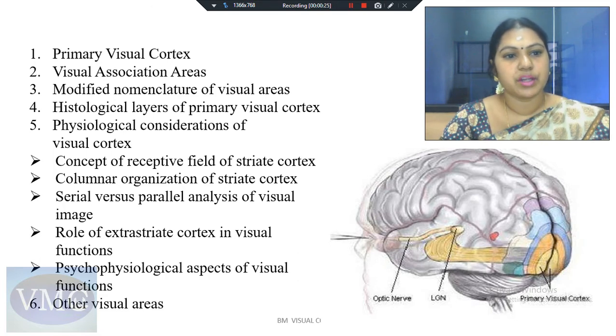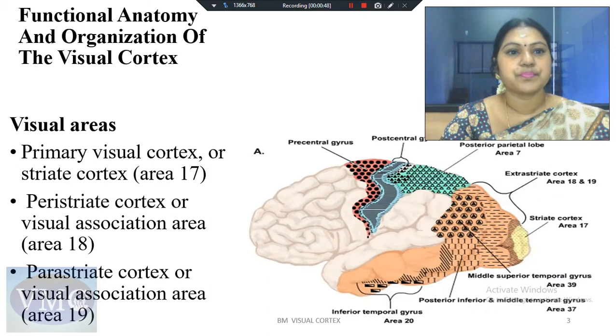Underneath, we will look into the concept of receptive field of striate cortex, columnar organization of the same, serial versus parallel analysis of visual image, role of extrastriate cortex in visual functioning, psychophysiological aspects of visual functioning. This we will not go much in detail, and the last one we will look into is other visual areas. So first we will look into the functional anatomy and organization of the visual cortex.